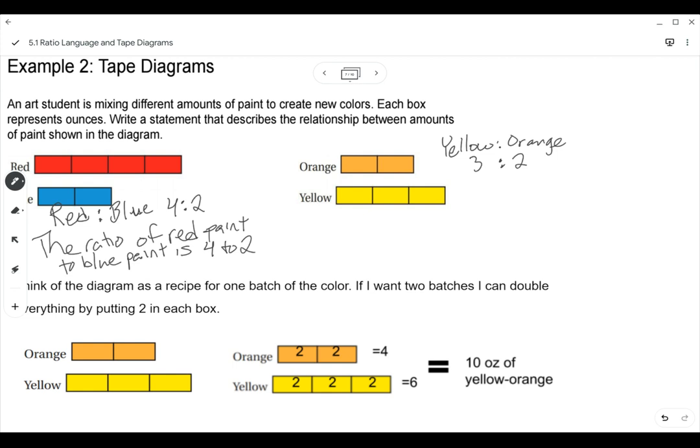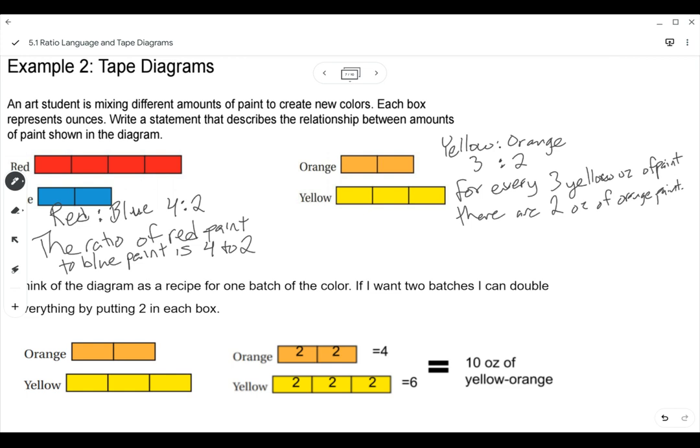And we could say something like, for every 3 yellow ounces of paint, there are 2 ounces of orange paint. Are those the only statements we could write? No, but that is one statement we could write to describe that relationship.